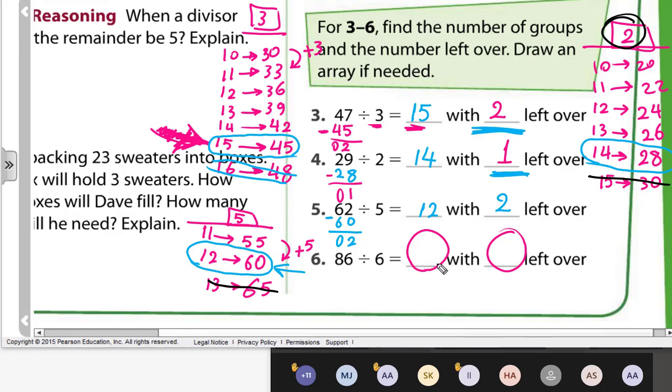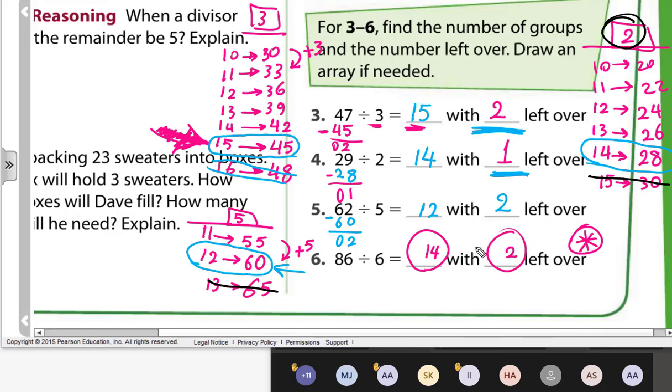The answer is 14, and remainder 2. I want you to check this answer and tell me if it's right or wrong next session, inshallah.